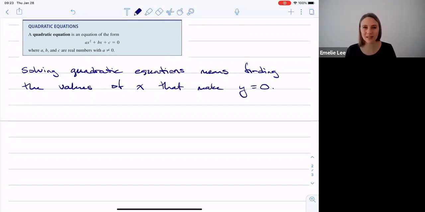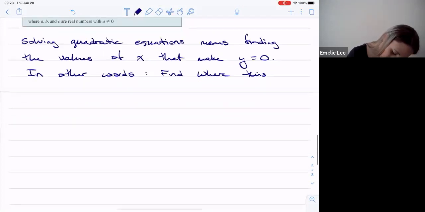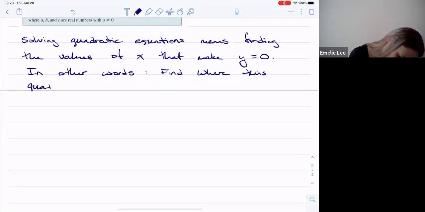In other words, where does this quadratic cross the x-axis? In other words, find where this quadratic crosses the x-axis.